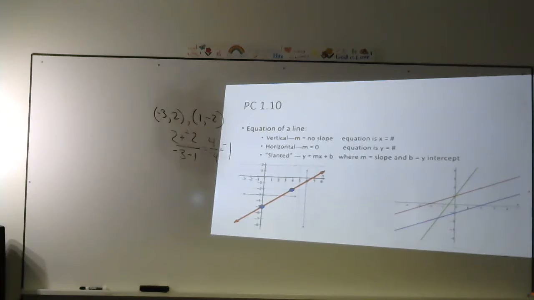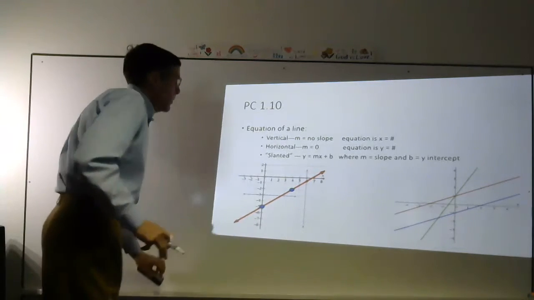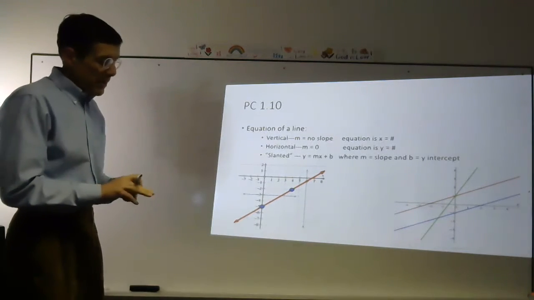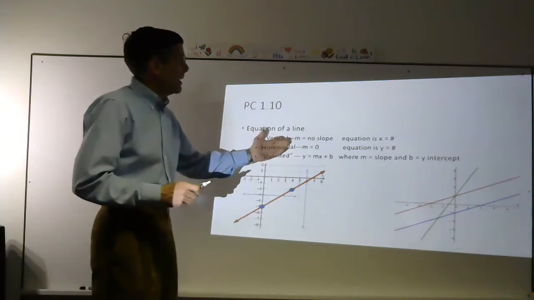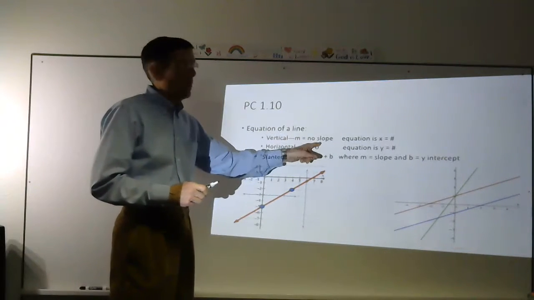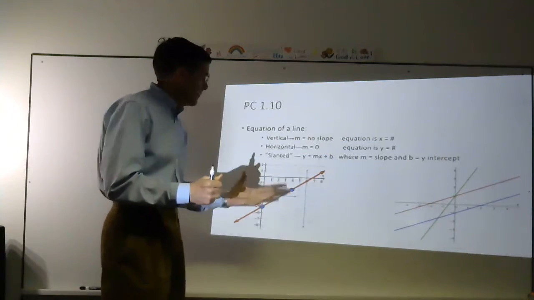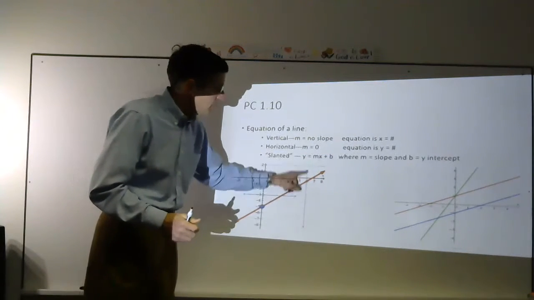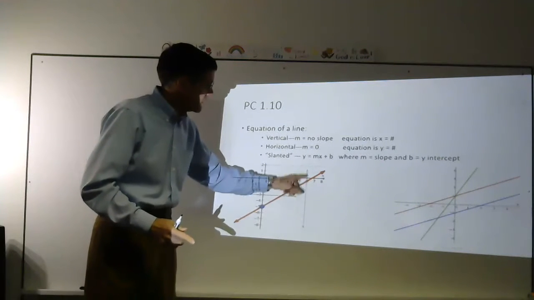Let's talk about equations of lines. There are basically 3 kinds of lines. You can have a vertical line. We've already found that vertical lines have no slope. Okay? The equation is x equals some number. Here's an example. Here's a vertical line.